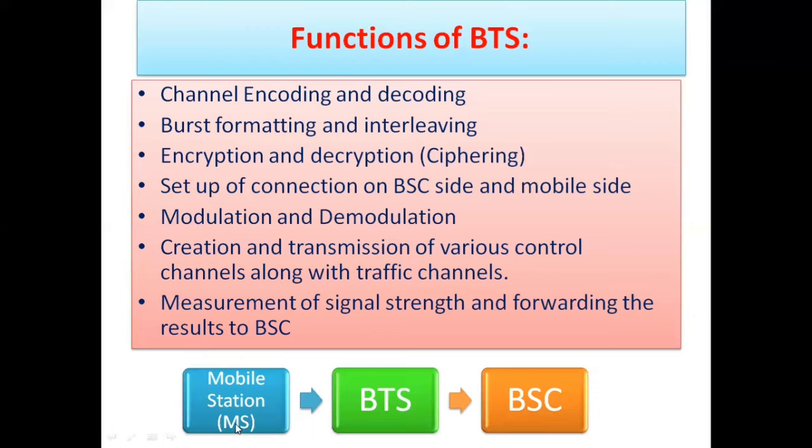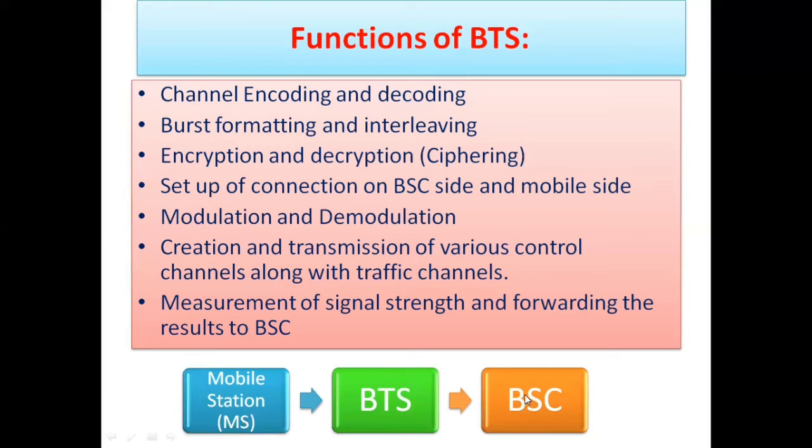Suppose a user is moving from one area to another, from one place to another place. When he is moving, the signal strength of the base station presently serving him gets reduced as he moves away. But at the same time, he may be getting a very good signal strength from another base station.